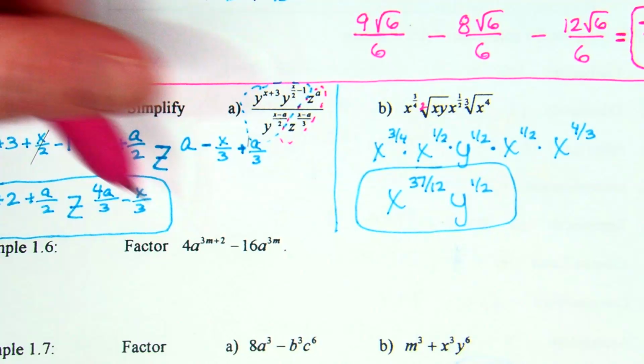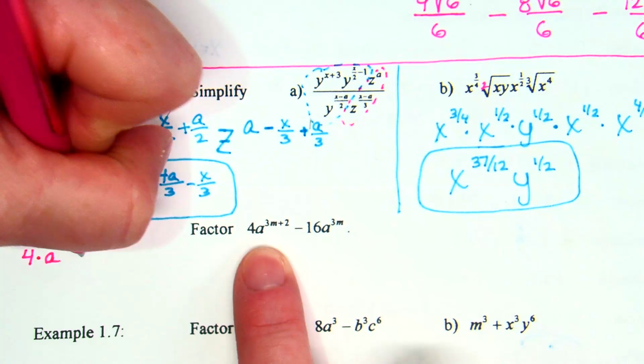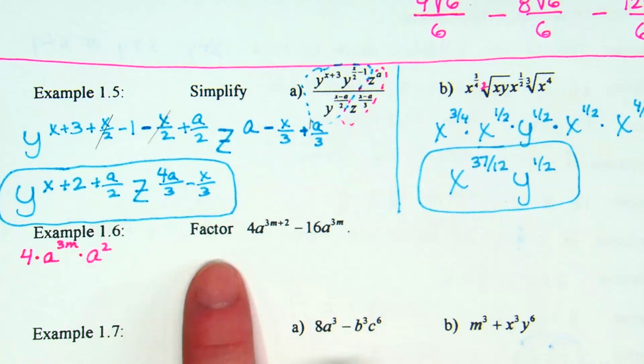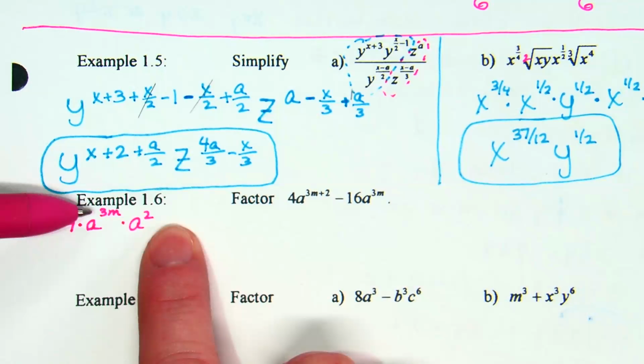There's also an a to the 3m times an a to the 2nd. Look at that with me real quick. You see the 4, that's obvious. A to the 3m plus 2. Well, what's the rule? If the bases are the same, you keep the base and add the exponents. Isn't 3m plus 2 3m and 2? So if you break that first term up like this, what GCF do you see?